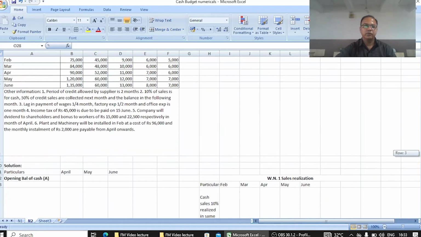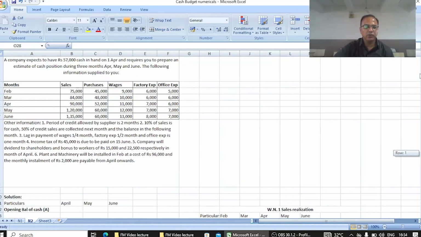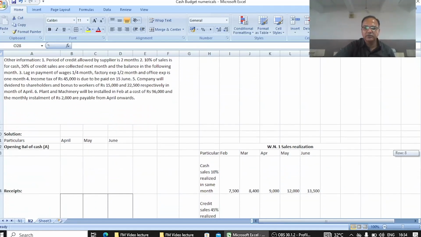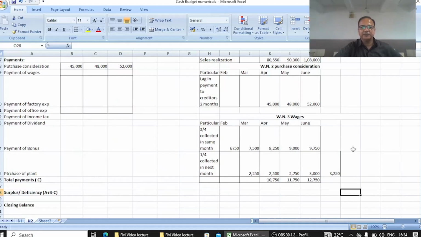Now, let's talk about other heads. Here it is given that factory expense 1 by 2 month and office expense 1 month. Factory expense.